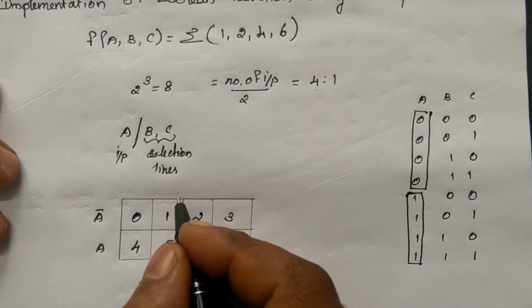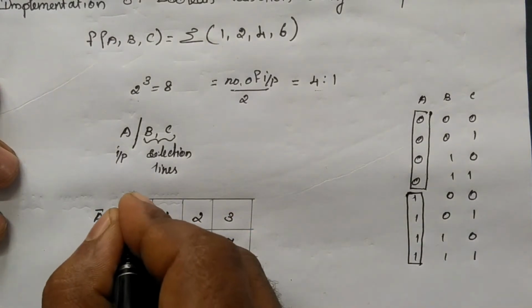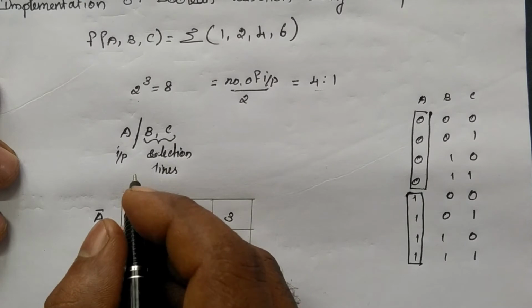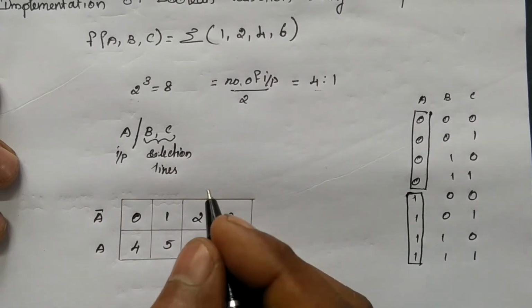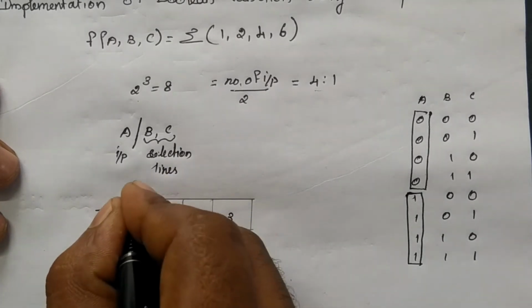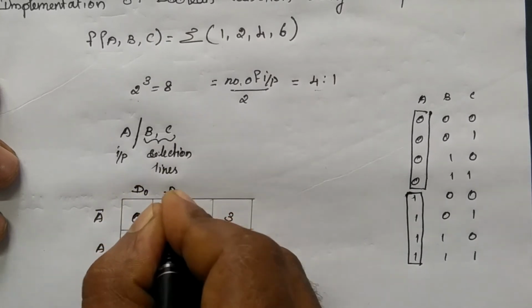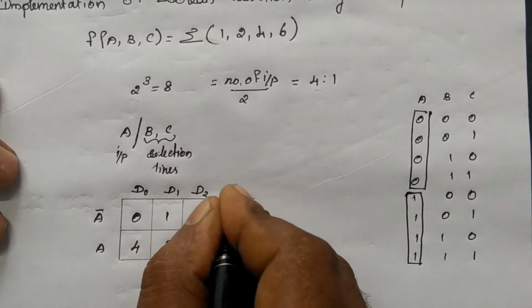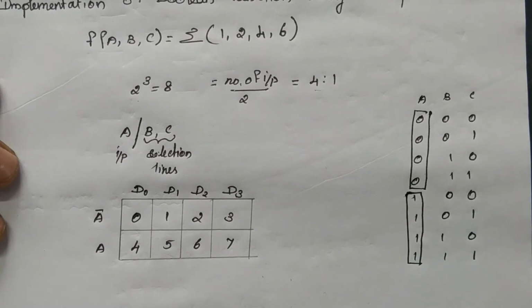Above this table we need to consider the inputs for the 4:1 mux. So here it's D0, D1, D2 and D3.